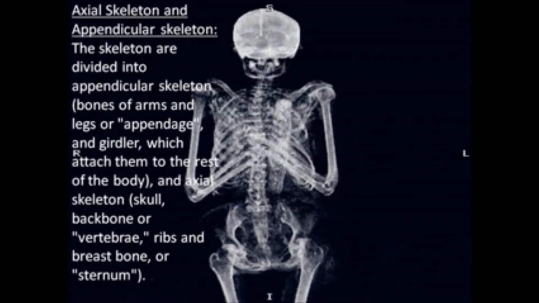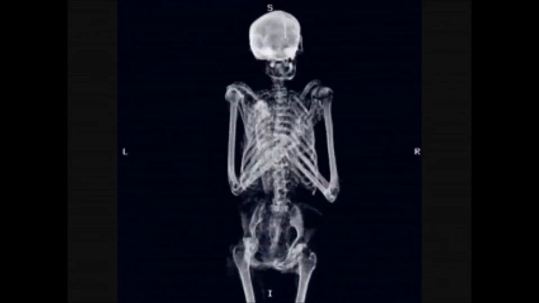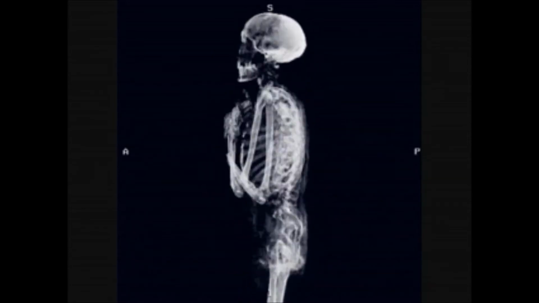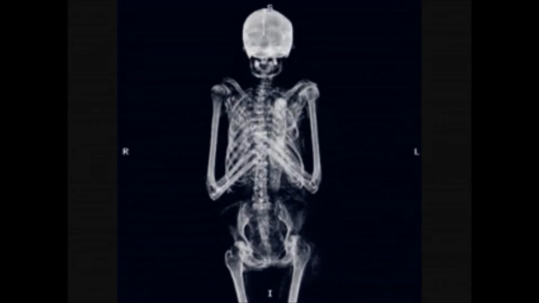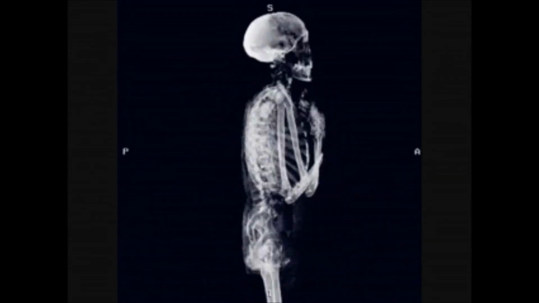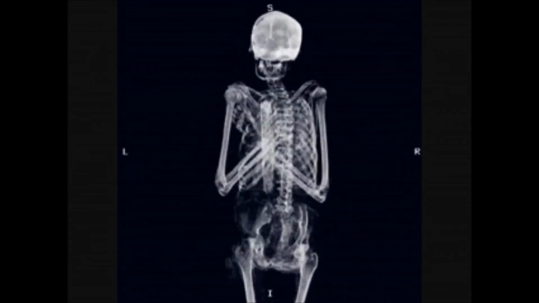Axial skeleton and appendicular skeleton. The skeleton is divided into the appendicular skeleton and the axial skeleton. The bones of the arms and legs are appendages and girdles, which attach them to the rest of the body. The axial skeleton is the skull, backbone or vertebrae, ribs and breastbone, or sternum.